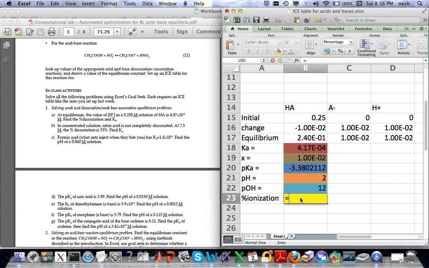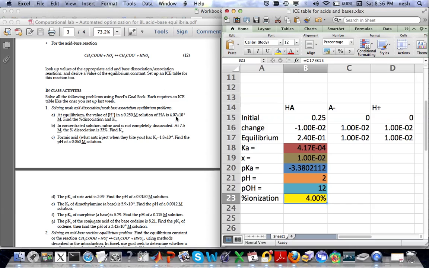So let's do that. That's equal to the equilibrium value of A minus divided by the initial amount of HA. And I've actually already set this box up as a percentage using the format command. So now this is what it would all be if x had a value of 0.01, but of course it doesn't.